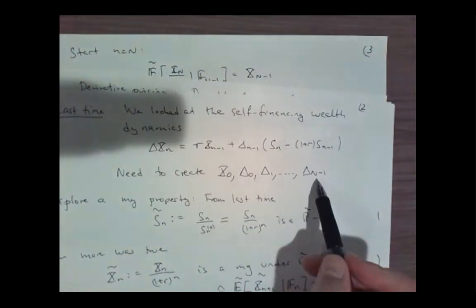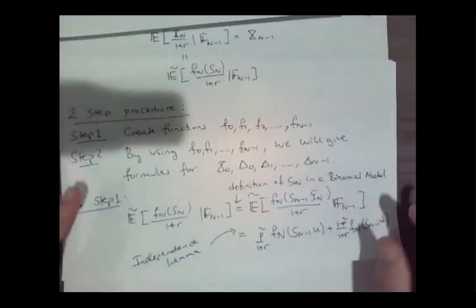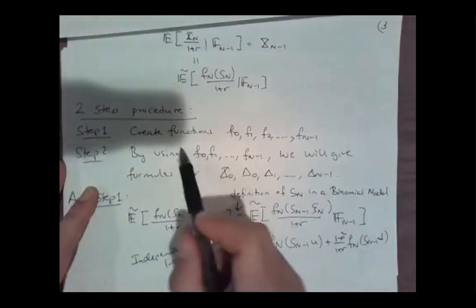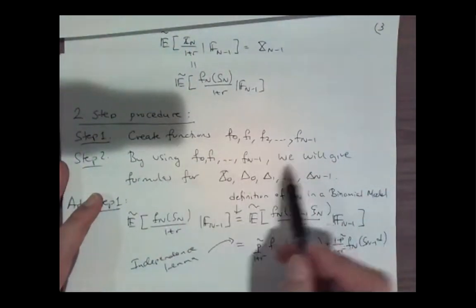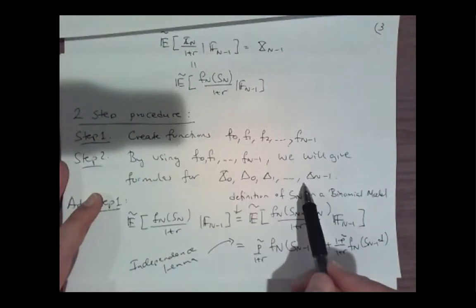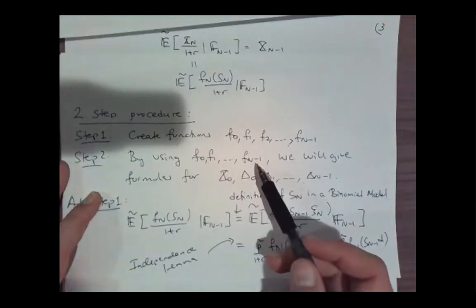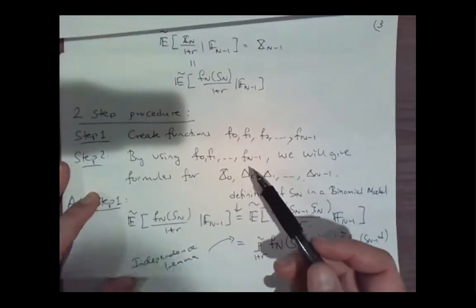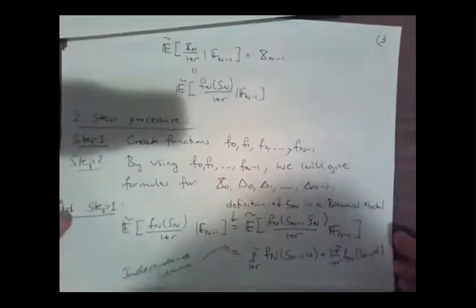So I'm proposing a two-step procedure of doing that. First, we're going to create a bunch of functions, and then we're going to use these functions to get them. I have not told you yet how to use these functions for anything useful, but presumably there is something useful to be done with them.